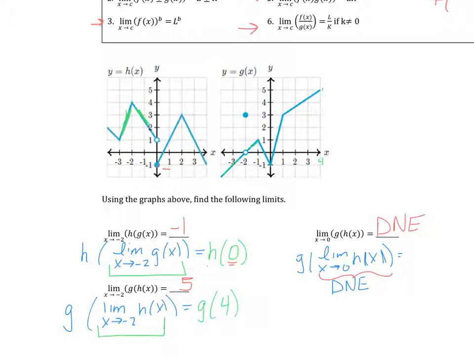The other way to get does not exist is, let's say that this g graph didn't have this dot, and when I took the limit of this inner function, I ended up getting -2. And so I was trying to find g of -2, but there was no closed dot at this x value. Well, then that would be does not exist as well. So there are a couple ways of getting does not exist.